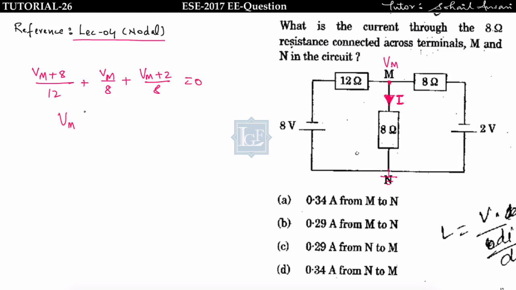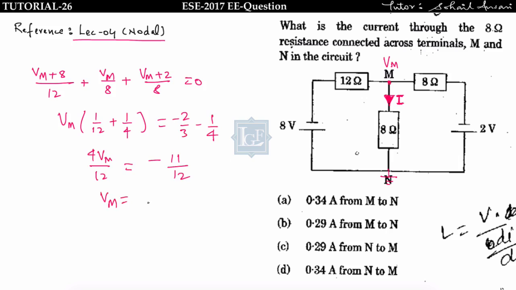So separate Vm here, you will get 1 by 12 plus 2 by 8, that is equal to 1 by 4, is equal to minus 2 by 3 and minus 1 by 4. So Vm you will get minus 11 by 4. So the nodal voltage at M is equal to minus 11 by 4.